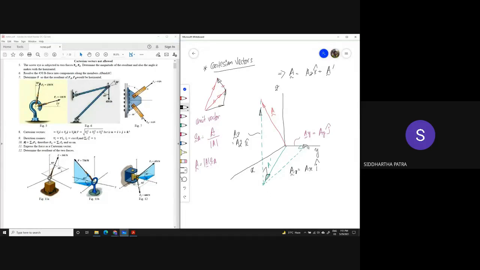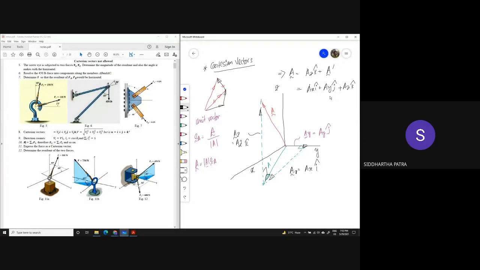So this vector is AY and this vector is AX. And A prime can be written as AXI plus AYJ. So essentially, A becomes AXI plus AYJ plus AZK.